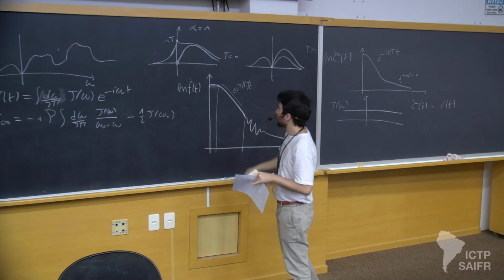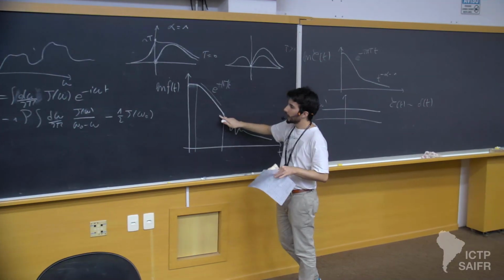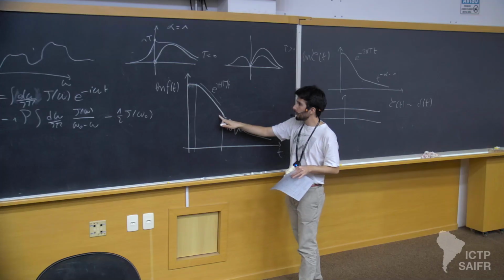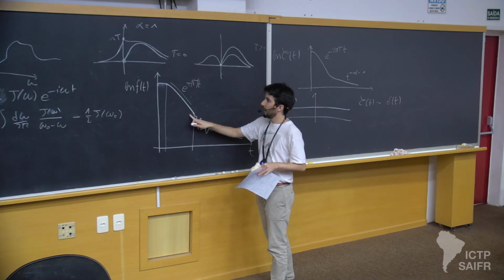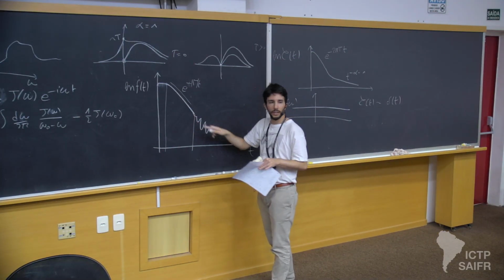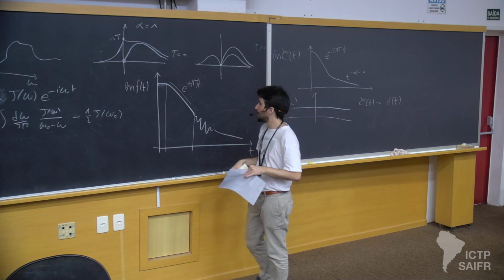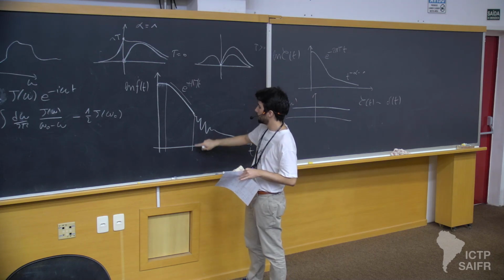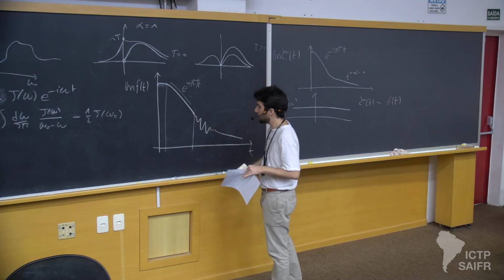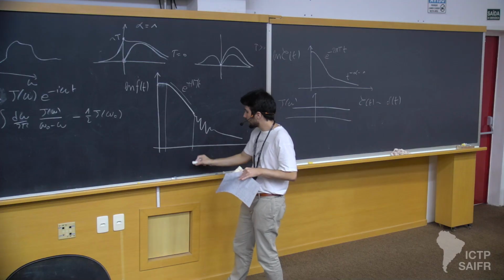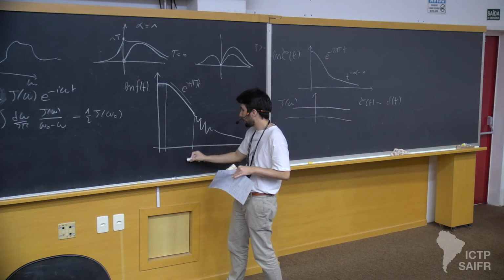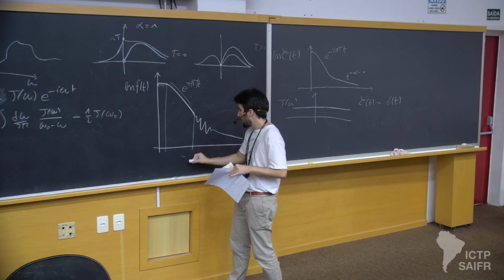So after this transient, the Markov approximation becomes effective, and we have a long stretch of exponential behavior. This typically lasts for a very long time, maybe tens of relaxation times.